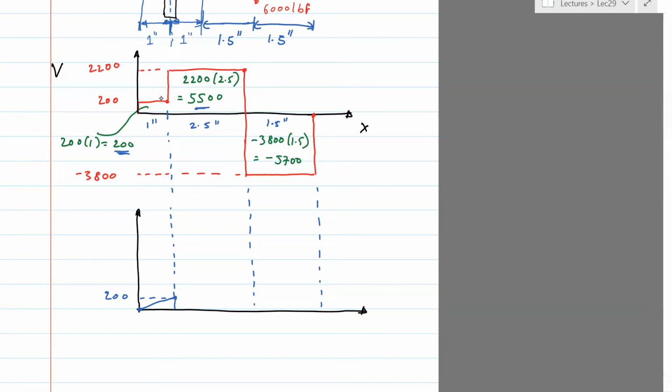So 5,700 way up. Okay, and then we need to go back down by 5,700 because the area under the curve is 5,700. So it's close to 0.